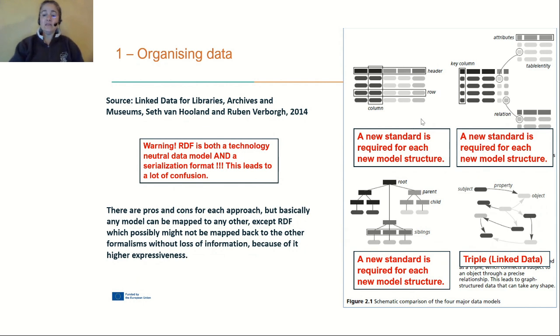This is different for the RDF approach because the standards used to model data have already been defined by W3C. If I expand my data model by adding nodes in the graph, for example, I do not need to create a new standard.